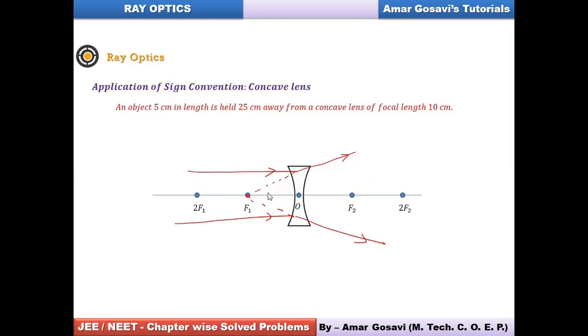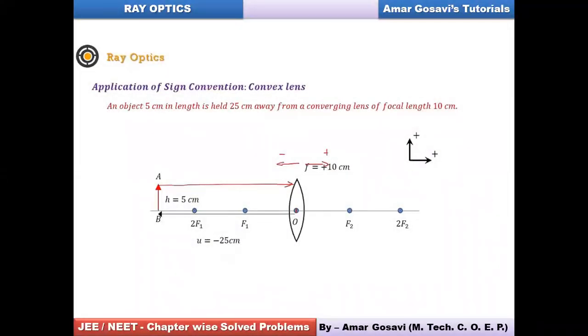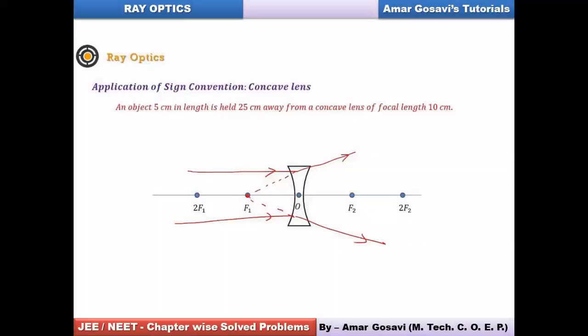Earlier slide you can see, the focal length was considered plus 10 because of the convex lens. Here you will consider it as minus 10, and accordingly you will move ahead with your problems. That's what I wanted to tell you. So hopefully you have understood this.